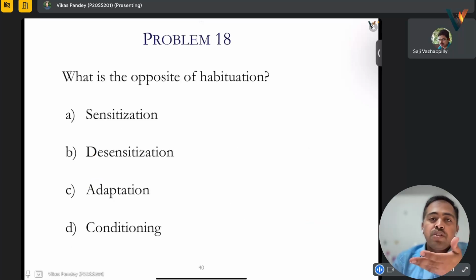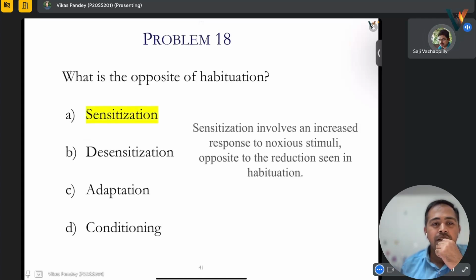So, what is the opposite of habituation? Is it sensitization, desensitization, adaptation, or conditioning? We have three things, right? Habituation, memory, and one more. So, what is that? Conditioning, desensitization, I don't know, sir. It is sensitization.